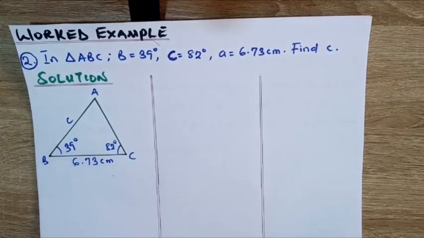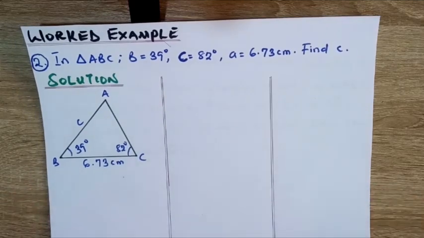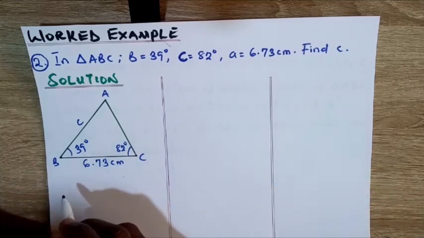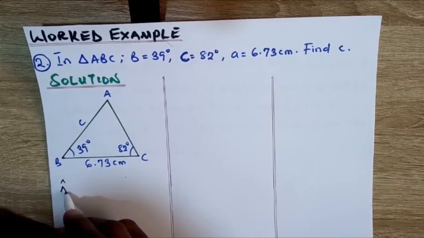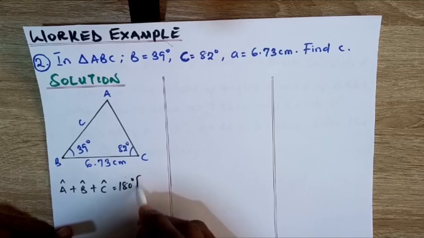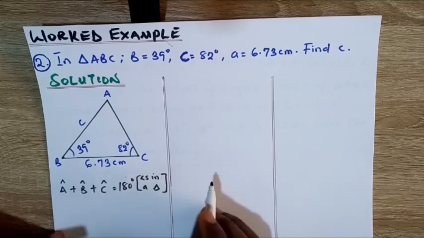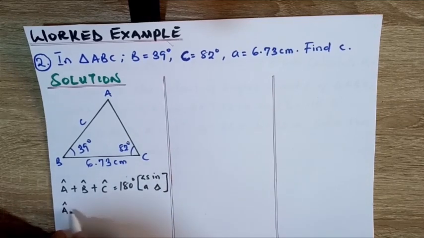So we still use our simple rule from geometry, which says that the sum of angles in a triangle is 180 degrees. That is, the angle at A plus the angle at B plus the angle at C is 180 degrees. That's angles in a triangle. So that means we can calculate the angle at A now.